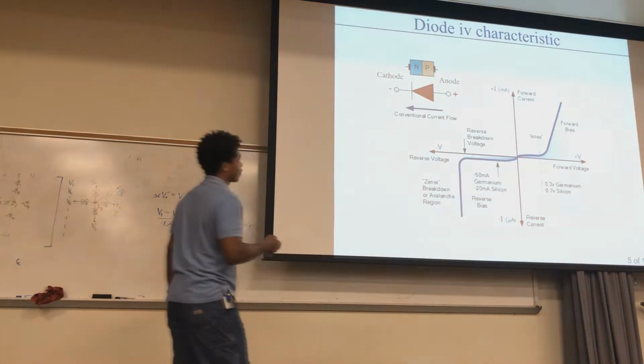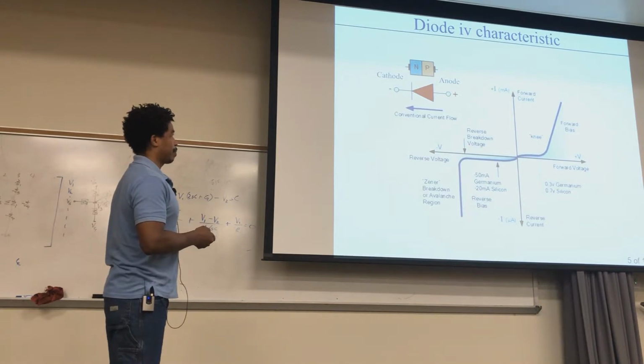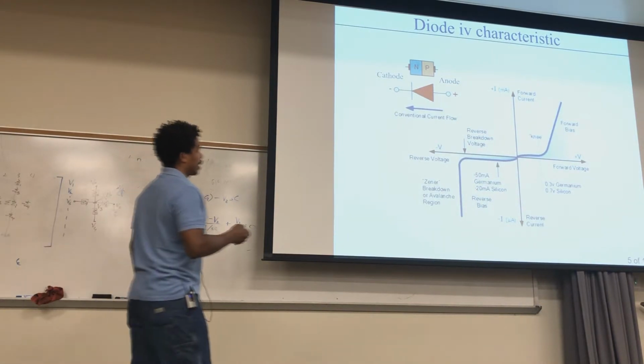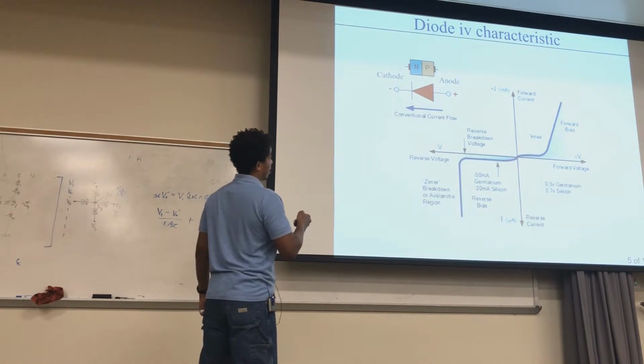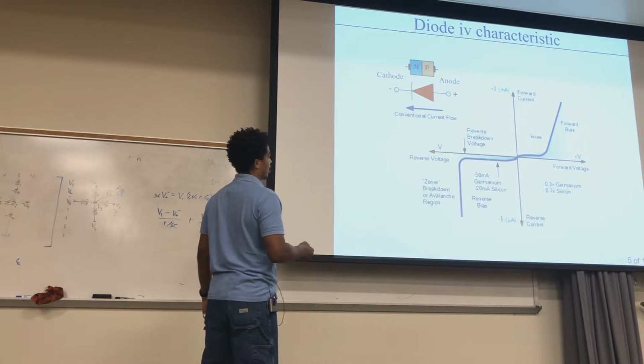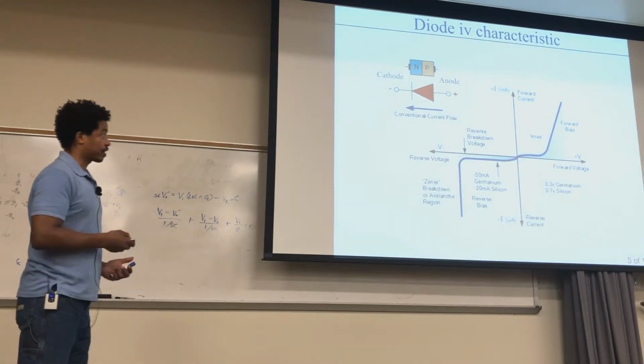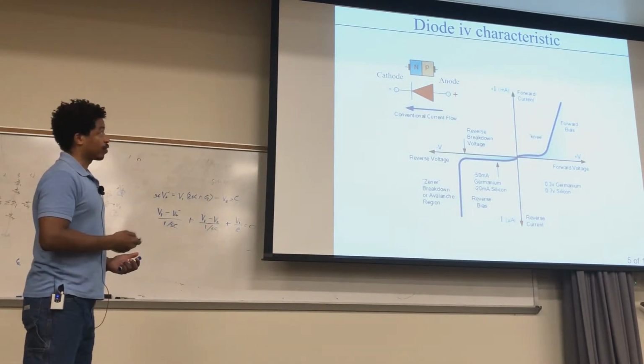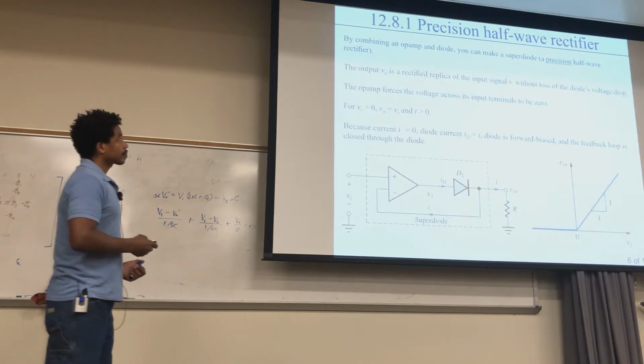It's like 50 milliamps for germanium, and negative 20 milliamps for silicon. But then if that voltage gets high enough, you'll have this breakdown of the material, and current just flows through, okay, at some breakdown voltage. Okay, so that's a quick overview of diodes.